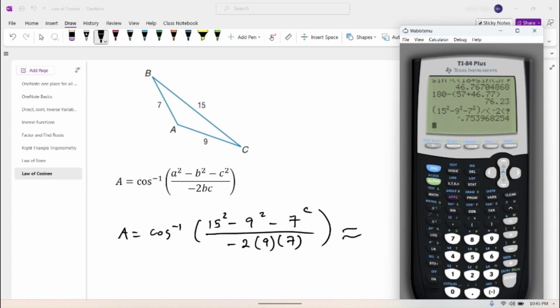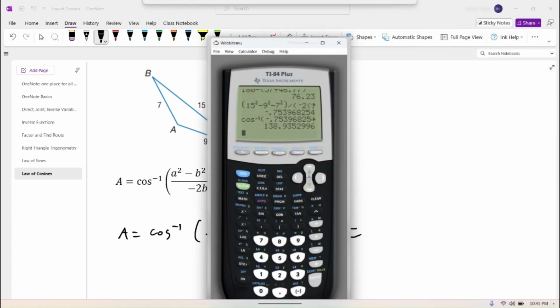So this number is negative 0.7539, and then secant cosine of this number, see what we get. Hopefully we get a positive. We get 138 degrees 0.93.